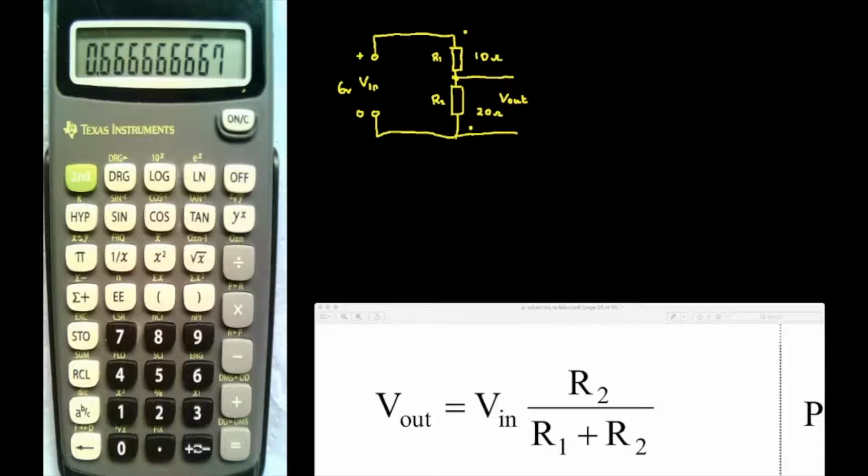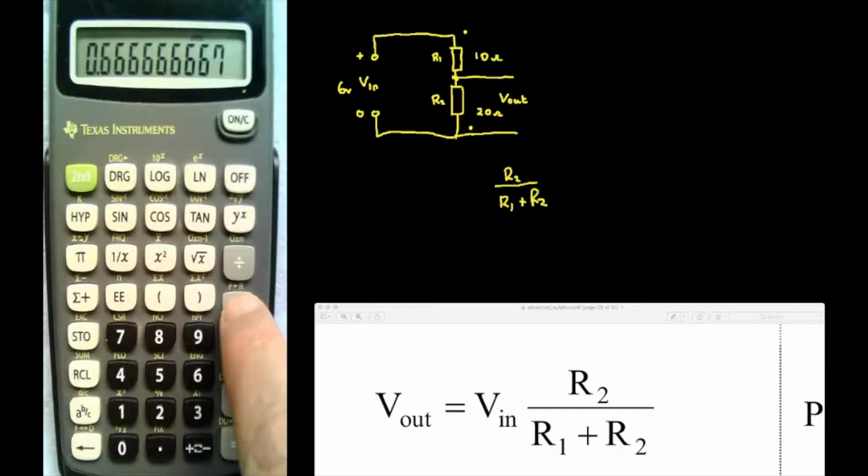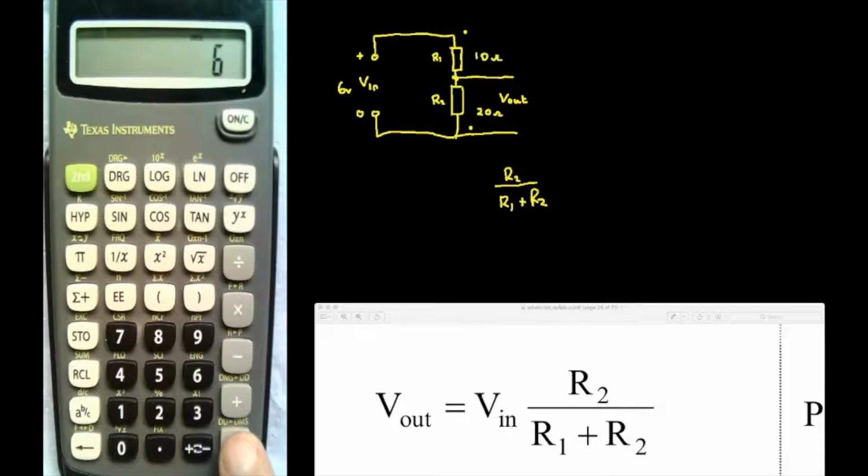And that has given us the term R2 over R1 plus R2. Now we can multiply that by V in. So we say times 6, and then press equals, and that will give us 4 volts.